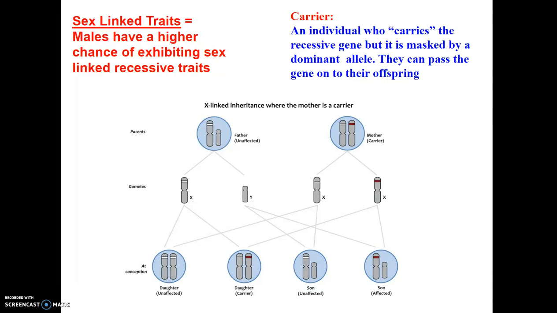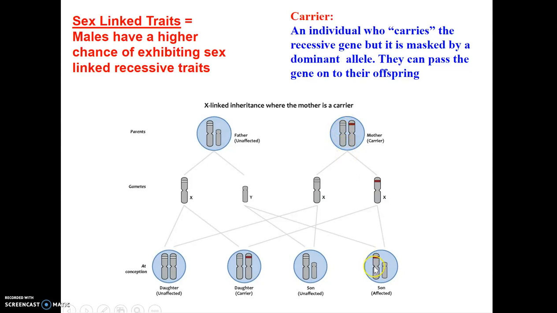Some things that I do want you to know about this, since males only have one X chromosome, they're going to have a higher chance of showing these X-linked traits because if this is a recessive trait, the female can have our normal version of the gene, and so it's going to be the dominant version, and so that would be expressed.